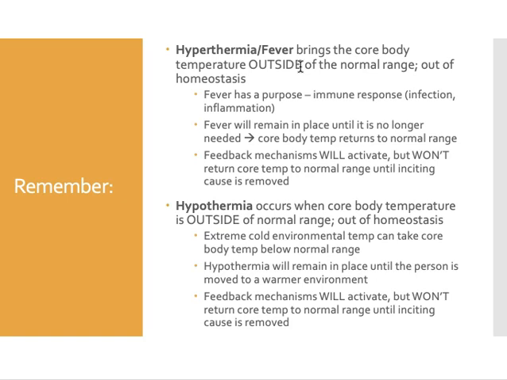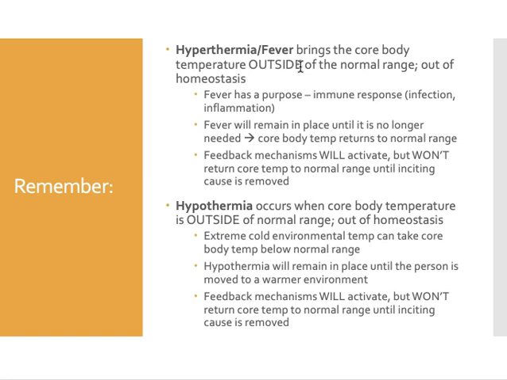So it's important that you don't think of a fever as being what sets off negative feedback. Negative feedback is trying. It's trying when you have a fever. But once your body temperature leaves its normal range, you are no longer in homeostasis. You are no longer in that relatively stable equilibrium.